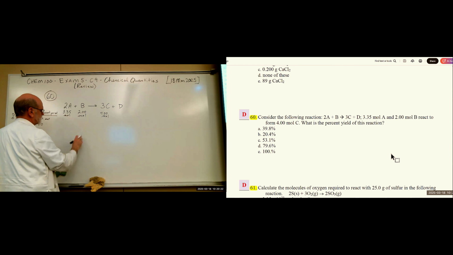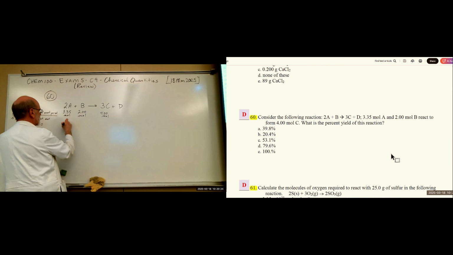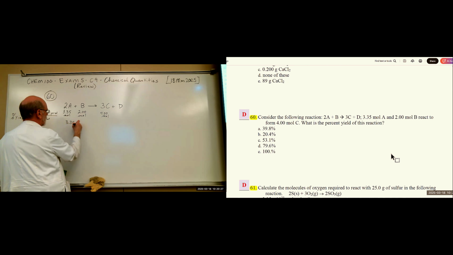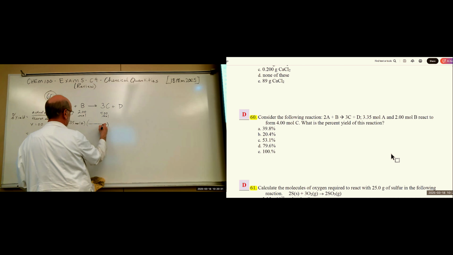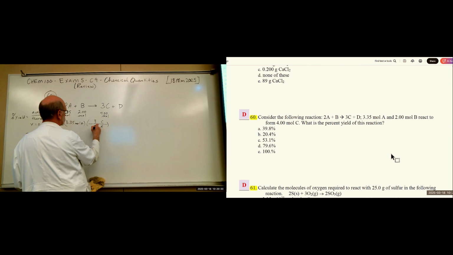Let's do it the other way. It's confusing me, so I'm going to say 3.35 moles of A. Use all that up. A and C, so this is 3, that's 2.